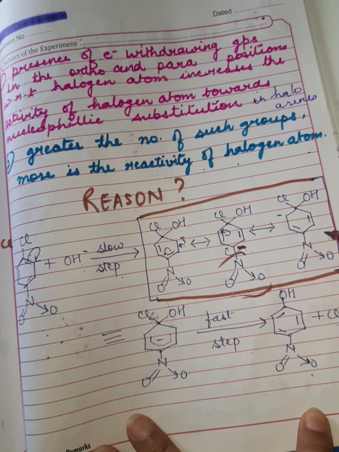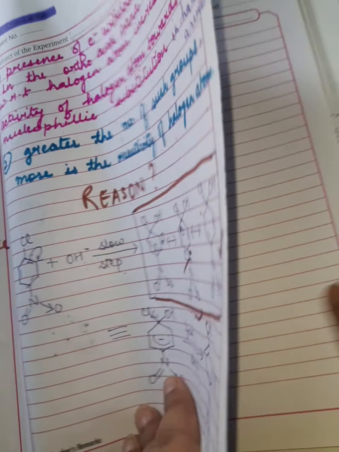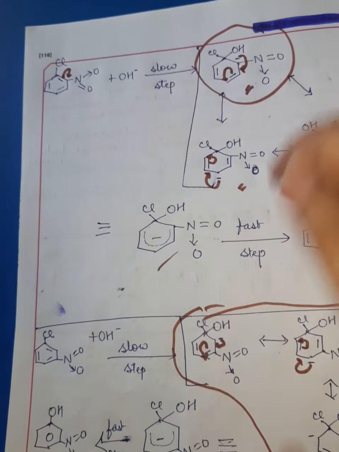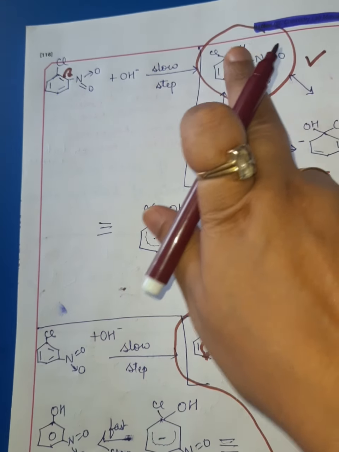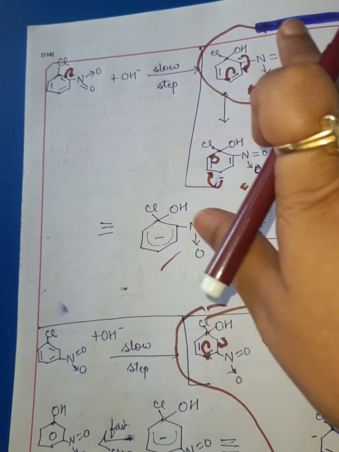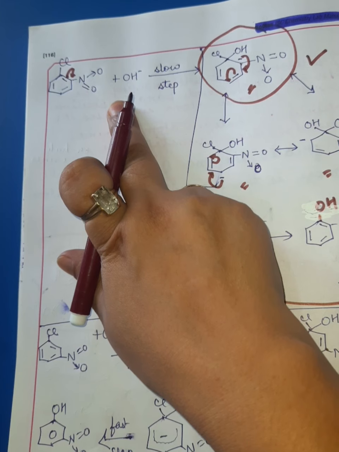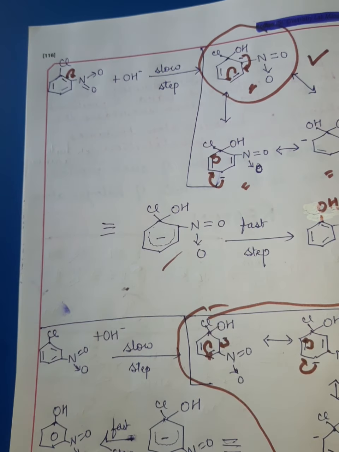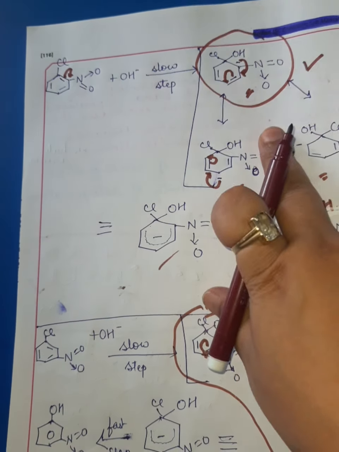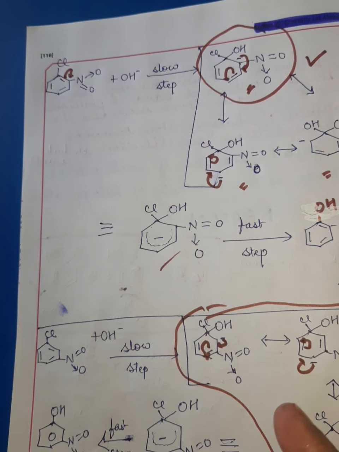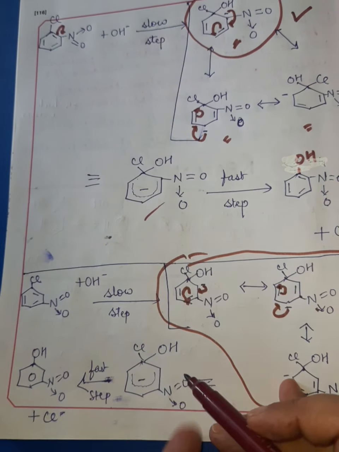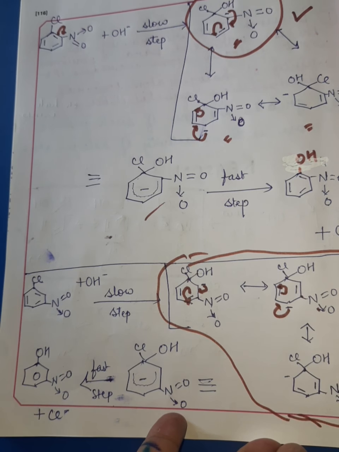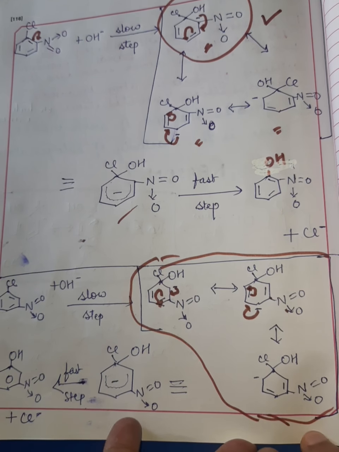This will happen in case of para as well as in case of ortho position nitro group. It means this carbanion formed in case of ortho-nitrochlorobenzene and para-nitrochlorobenzene undergoes extra resonance stabilization. However, in case of meta-nitrochlorobenzene, no such extra resonance stabilization is possible.